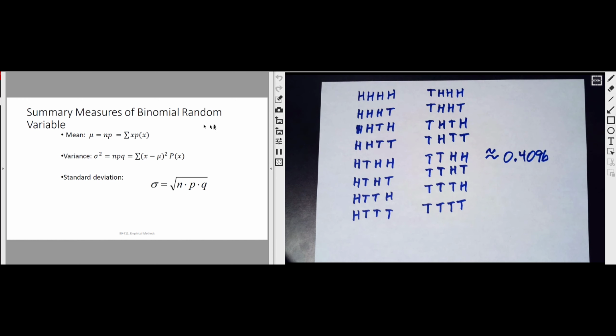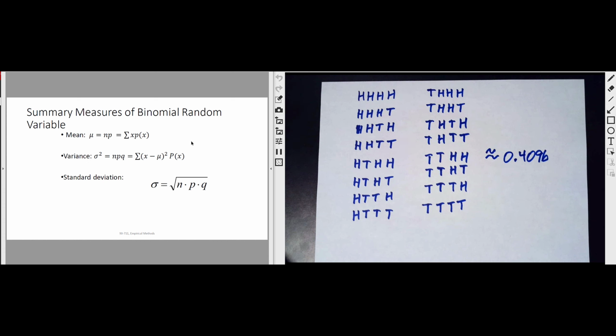Okay. Now, without doing any derivations here, the binomial distribution, like any probability distribution, has a mean and a variance and a standard deviation.